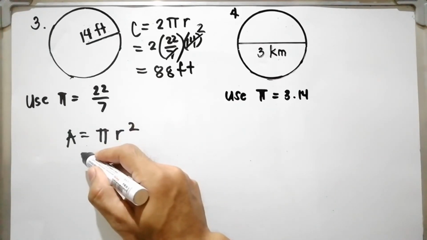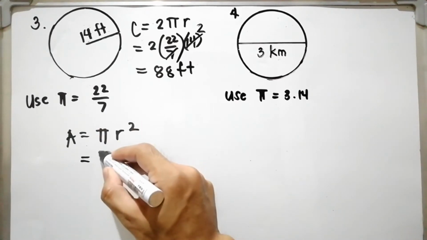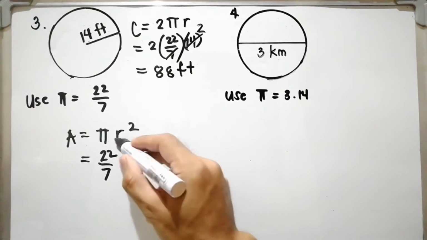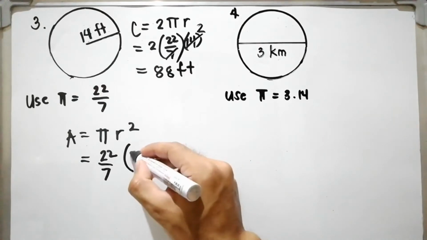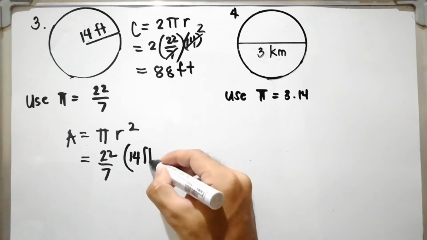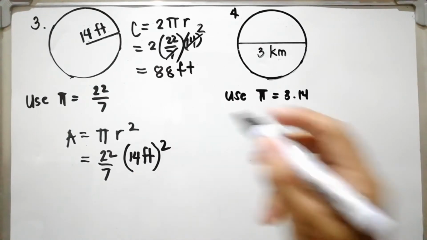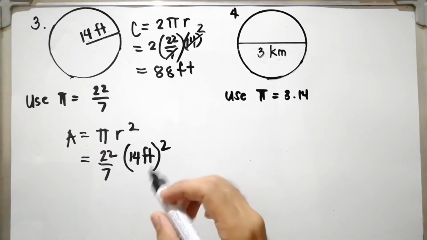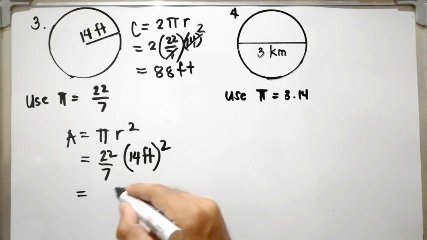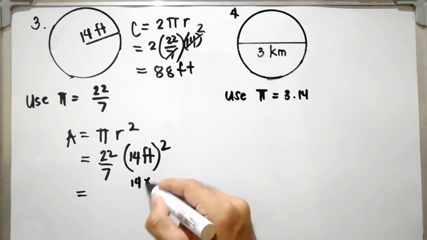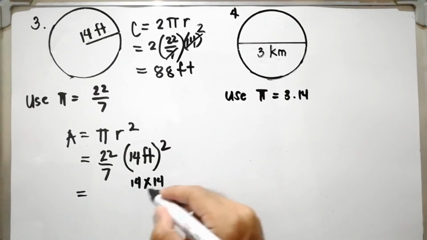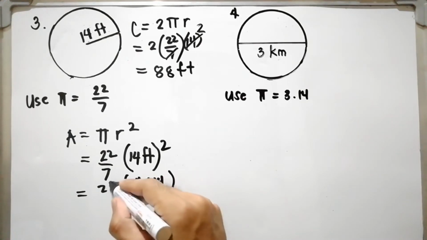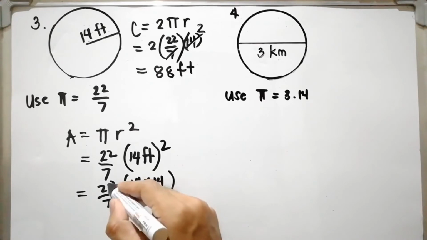Let us substitute the value of pi, that is 22 over 7, times r, which is 14 feet, then square. Meaning 14 feet squared is equal to 14 times 14 feet. Then multiply to 22 over 7.